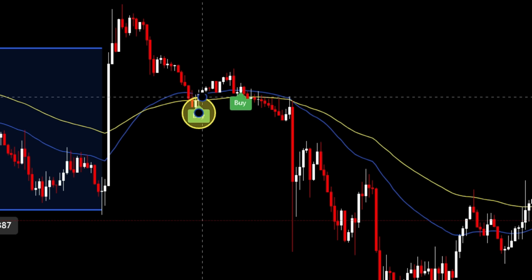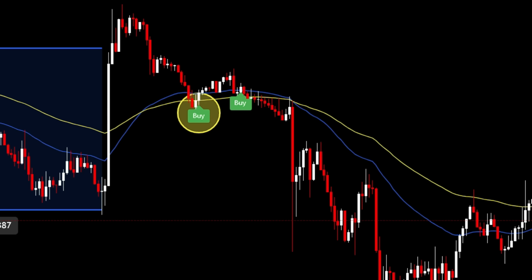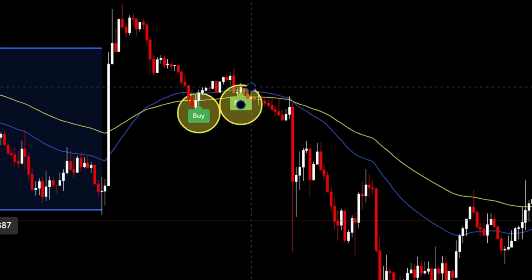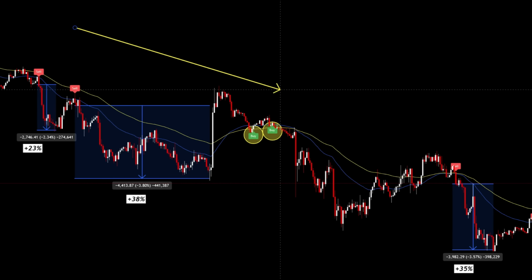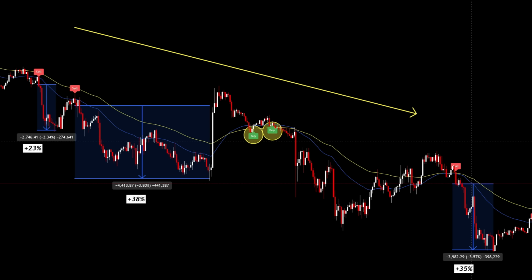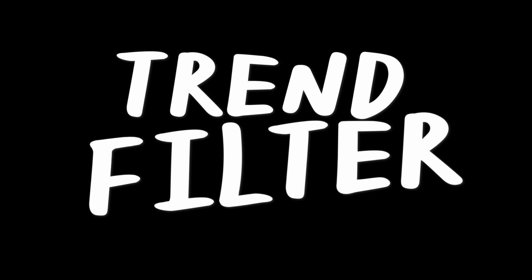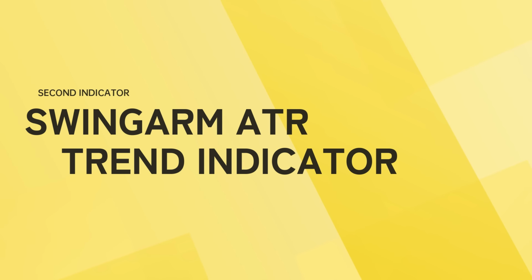Shorter settings also create some false signals, like buy setups showing up even when the overall market is trending down. That's normal, and that's why we bring in a filter. To clean that up, we're adding a second tool, the Swing Arm ATR Trend indicator.